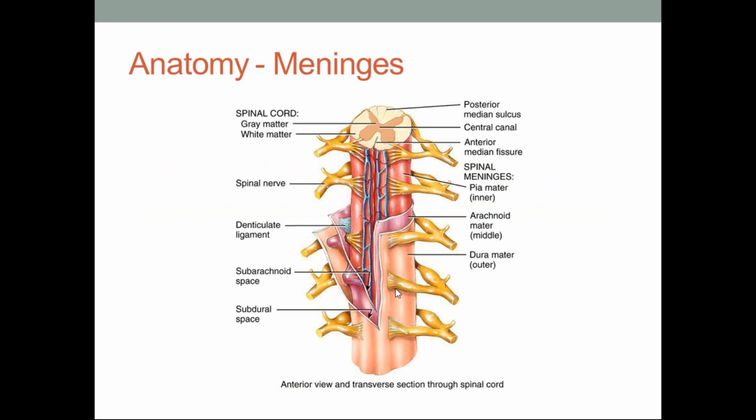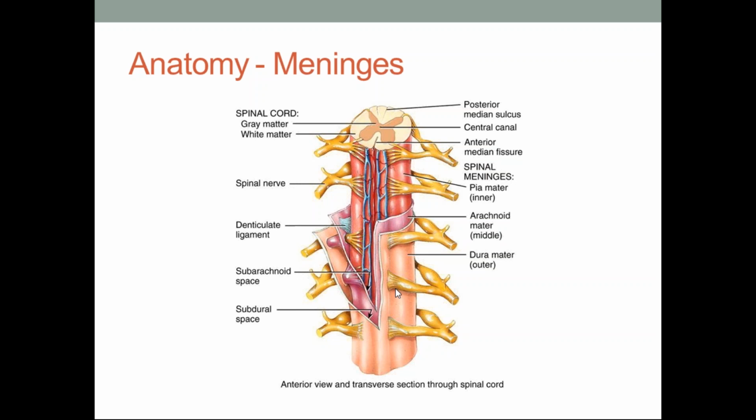Okay, so one of the first things we took this year was the anatomy of the meninges. We learned about how the vertebra protects, there's fat that protects, there's these layers of connective tissue that protect your spinal cord. Now they are continuous with the brain, so your entire central nervous system really is protected by the meninges.